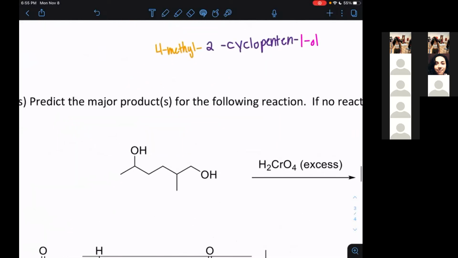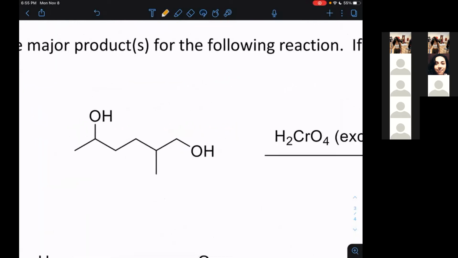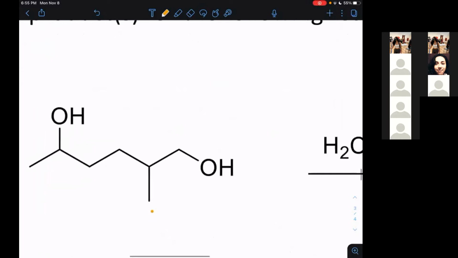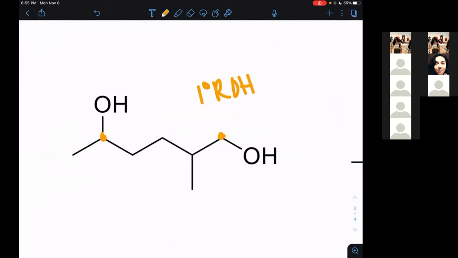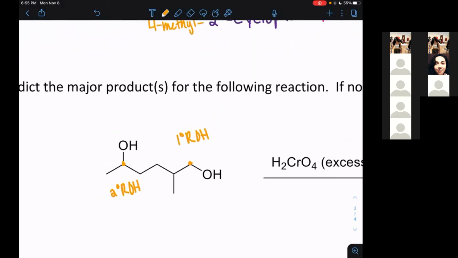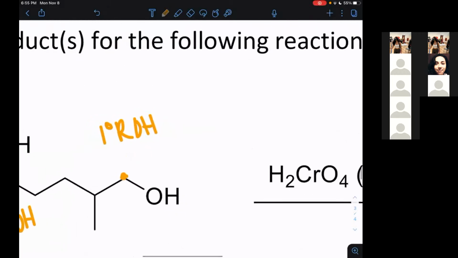Okay, this one: predict the products. First, you label what they're attached to, primary, and then this one, secondary. And then this is with chromic acid. I'm looking at my notes. Chromic acid for a primary is going to get you a carboxylic acid, I'm pretty sure.